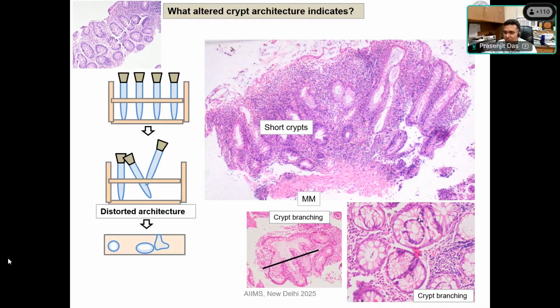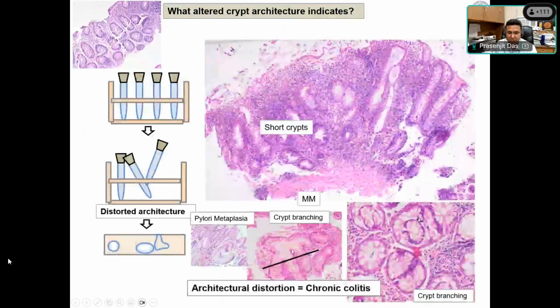So what did we learn today? Neutrophilic infiltrate into the intestinal epithelium, small bowel and large bowel, is a feature of activity or active inflammation. And alteration of the architecture is indicative that the inflammation is chronic. Is that clear? If there is architectural distortion, we'll call it chronic colitis.